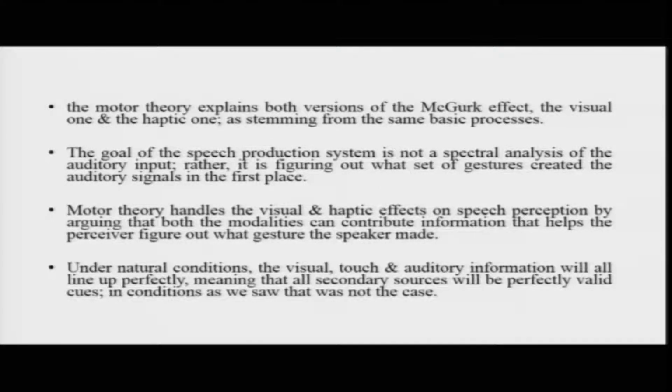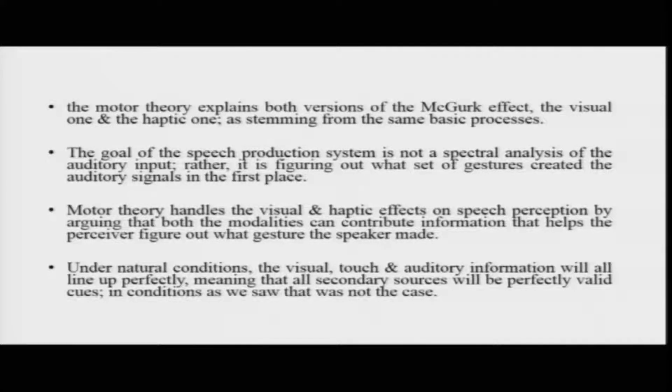The goal of the speech perception system is not a spectral analysis of the auditory input, it is trying to figure out what sort of gestures created that sound in the first place. So it combines whatever information about gestures it can get by vision, by audition, or by touch. Everything is combined, and it comes up with the output on the basis of this combination of information.